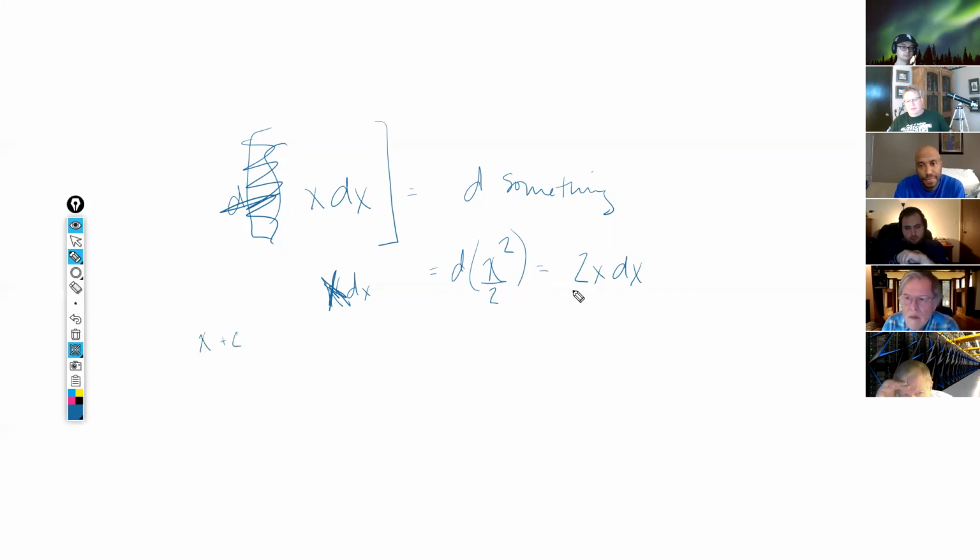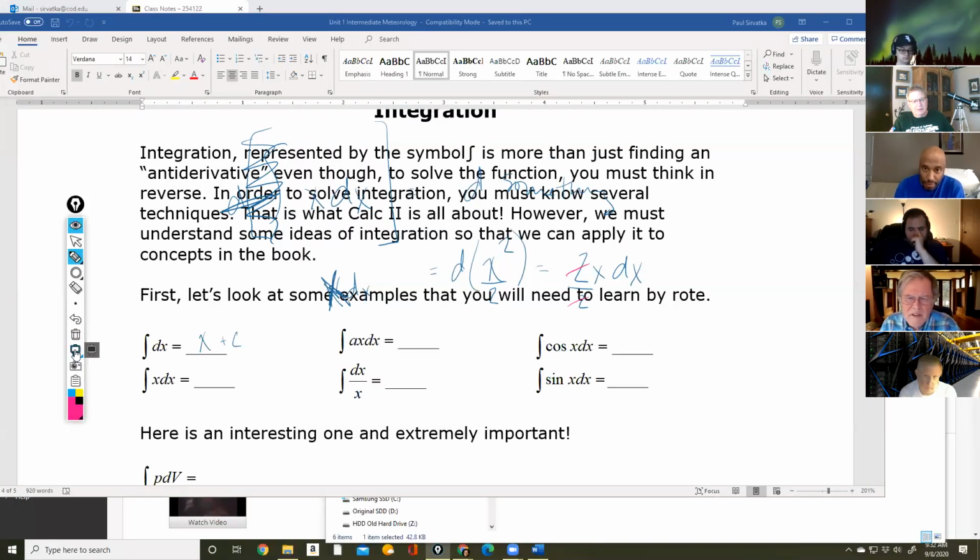It has to be divisible by 2, because if that were in there, then those things would go away. That's the hardest part of integration, what I've just done, because you have to find that missing something. How does the dx creep back in there?